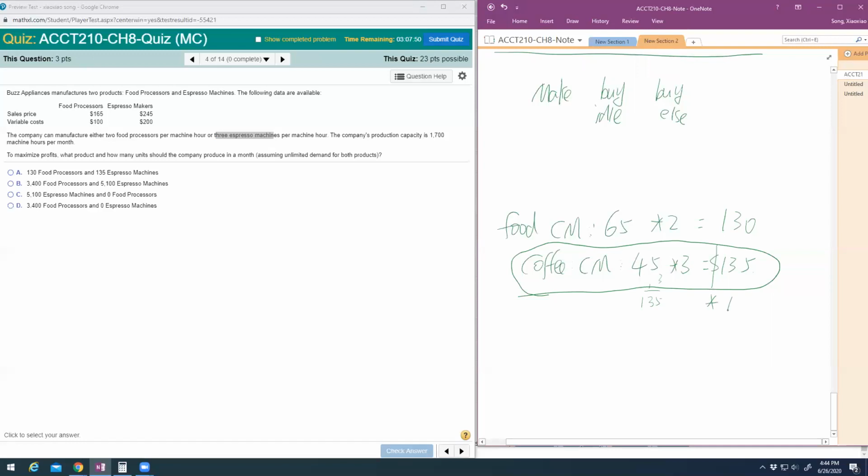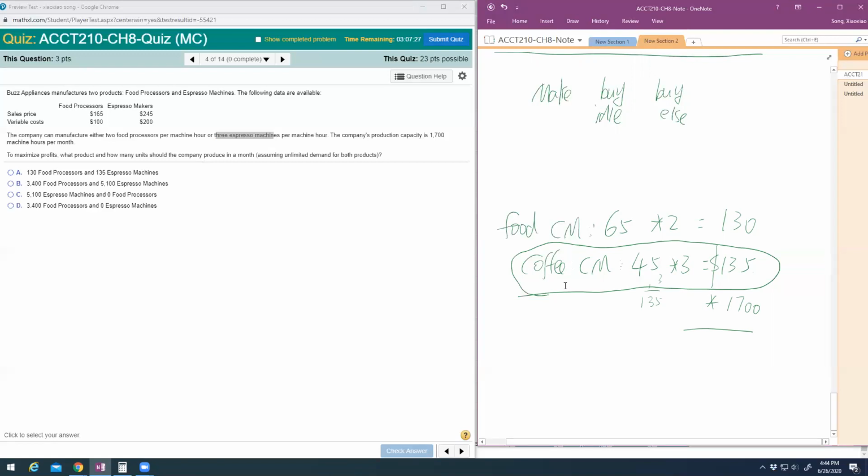So totally you have 1,700 machine hours. This is your total contribution margin, but it's asking how many units you should produce. So we should produce as many coffee makers as we can. We don't produce any food processor.